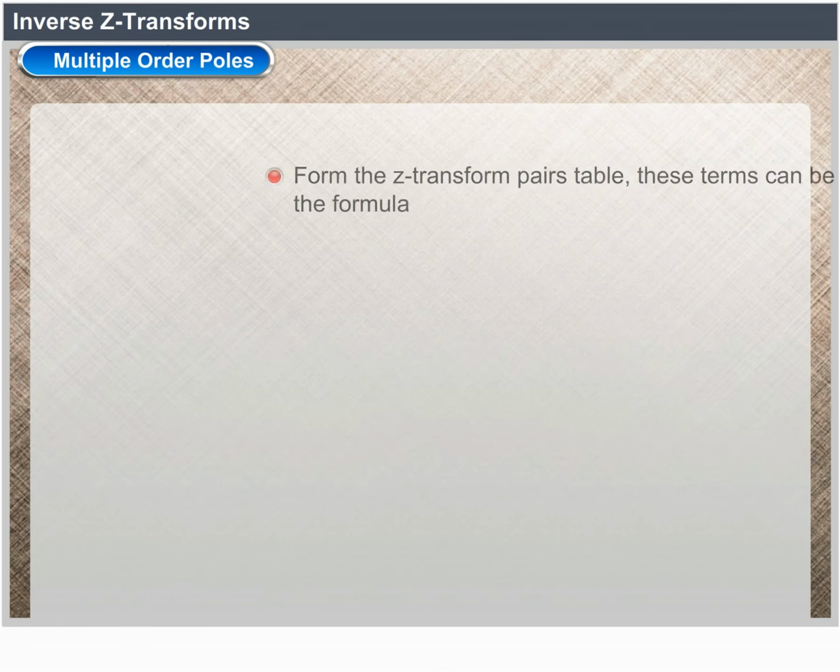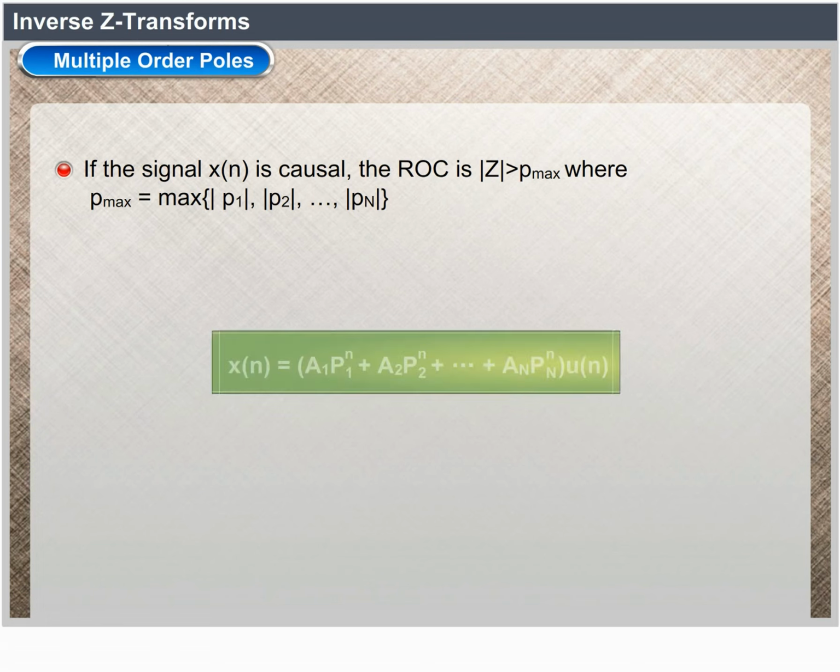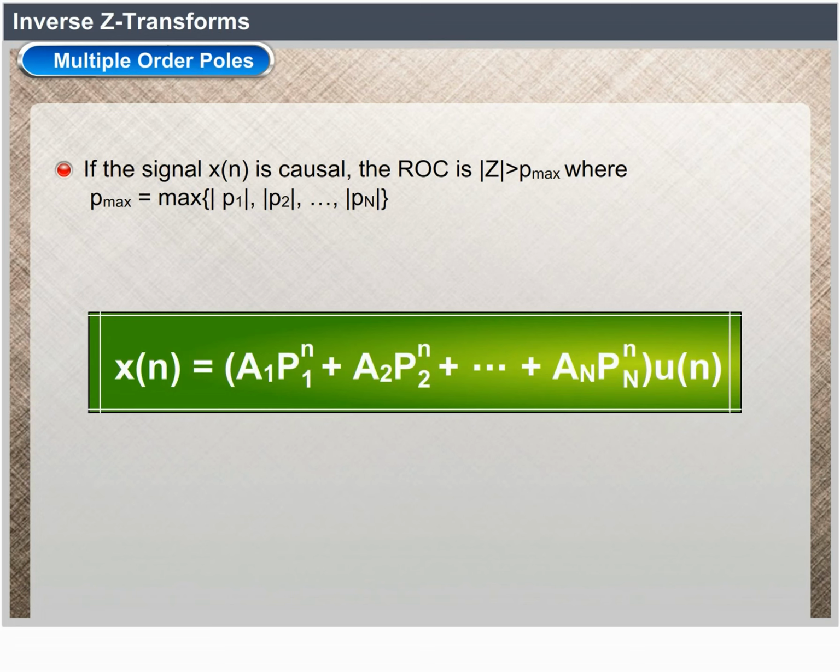If the signal x(n) is causal, the region of convergence is |z| greater than p max, where p max is the maximum of |p1|, |p2|, etc. |pn|. x(n) = [a1 p1^n + a2 p2^n + etc. + an pn^n] u(n).